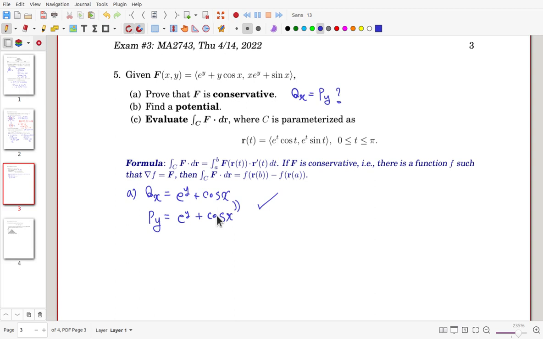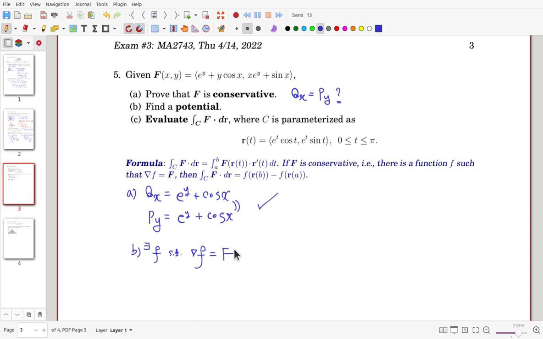Now, it is conservative, so there must be a function f such that the gradient of f is the given vector field.